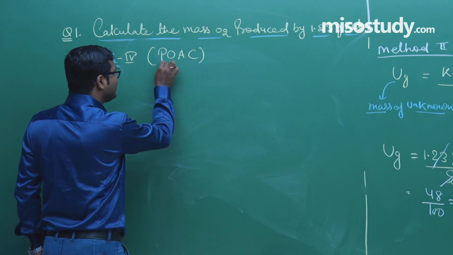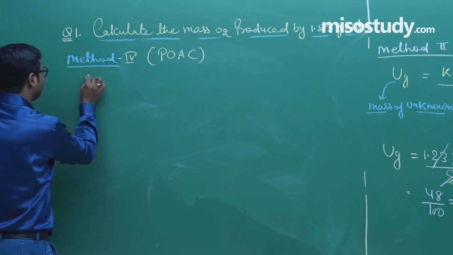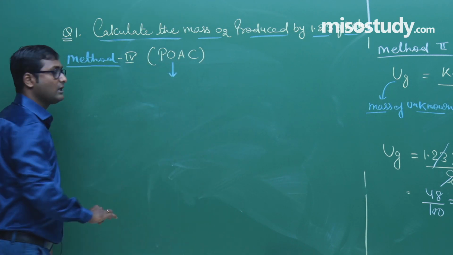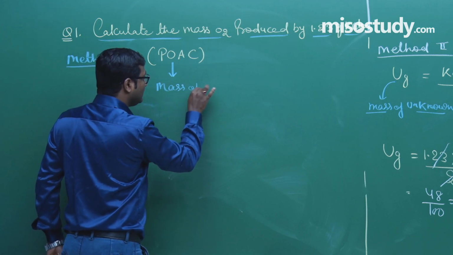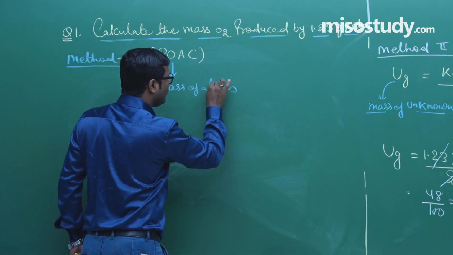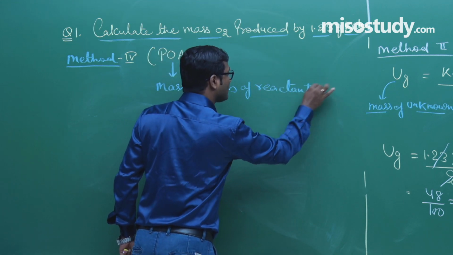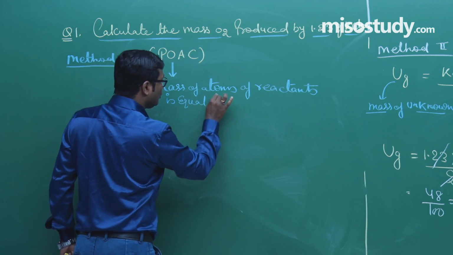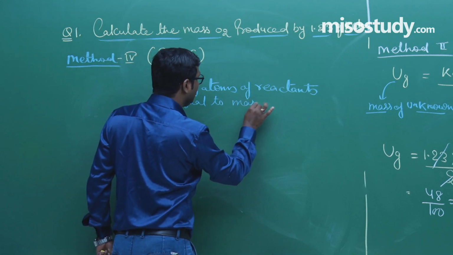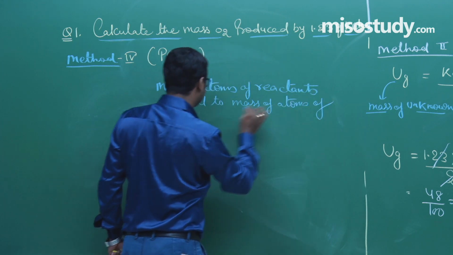Now this is the principle of atomic conservation, and first of all I am discussing the law. It says that the mass of the atoms of reactants is equal to the mass of atoms of product, my friend.